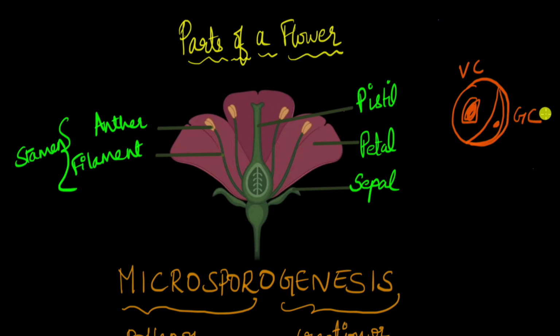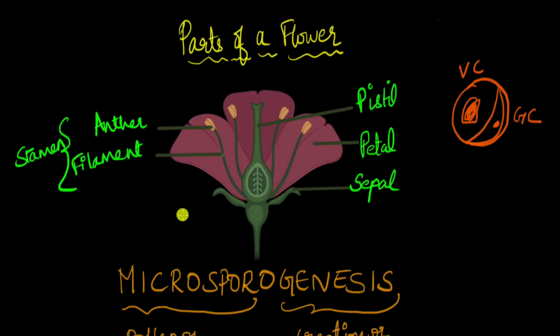It is usually at this 2-celled stage that the pollen grains are released from the anther. In many flowering plants, the anther bursts open at this stage, and the pollen grains, or the microspores, are released.